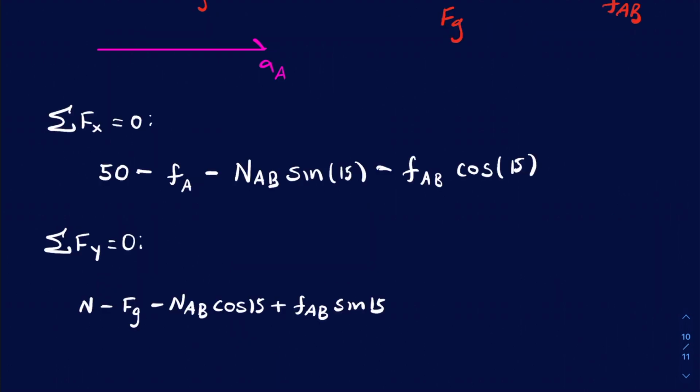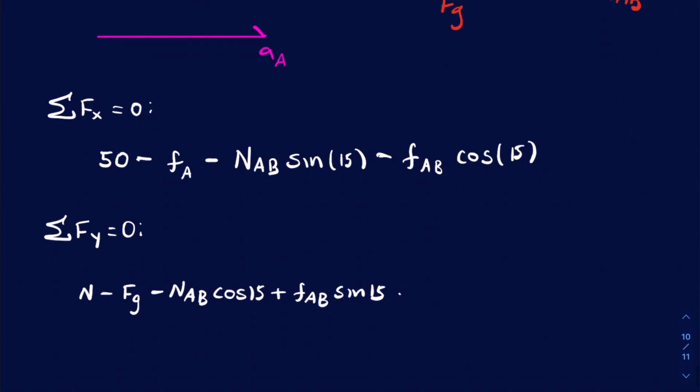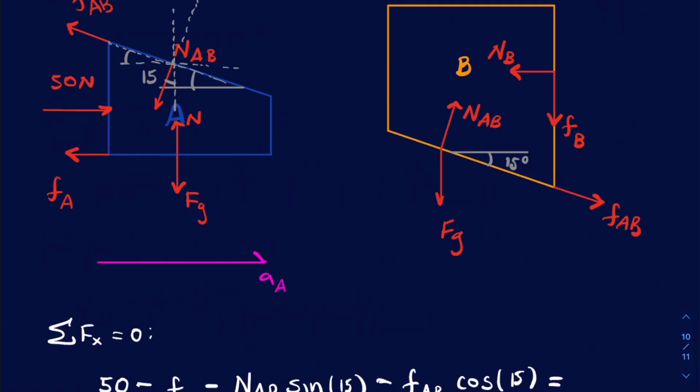So since we're trying to find the net Cartesian component equations for the x direction and the y direction, we need to make sure that we consider the acceleration of the block. So in the x direction, A is moving positive because A is moving to the right. So therefore, there's acceleration in the x direction.